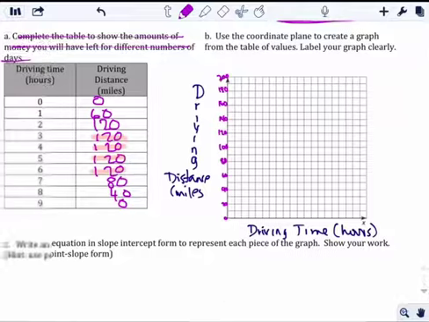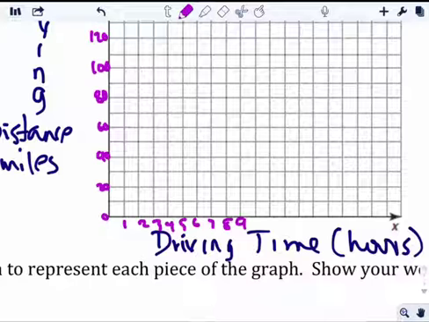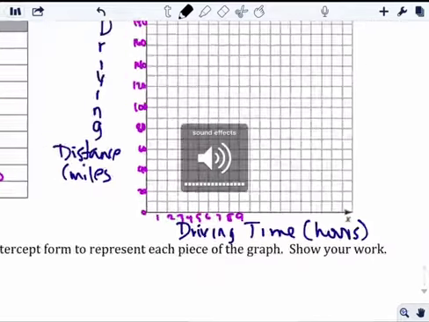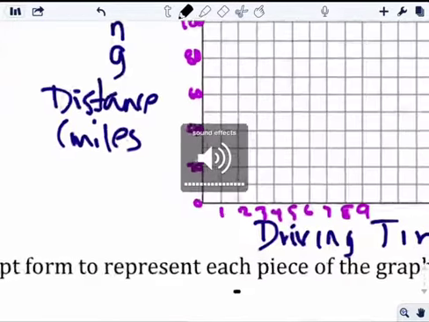Okay, driving time, 1 to 9: 1, 2, 3, 4, 5, 6, 7, 8, 9. Most of you are going to use one box for 1 hour, knowing you guys. Okay, 0 for 0 hours would be right here.